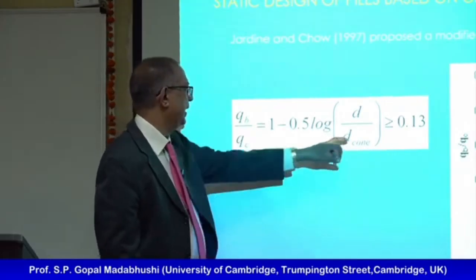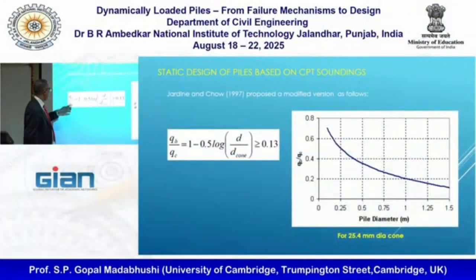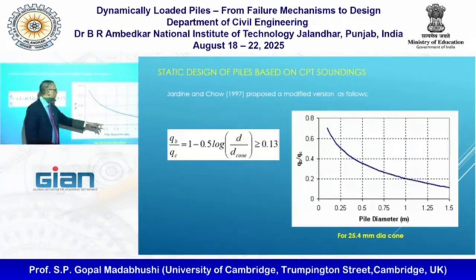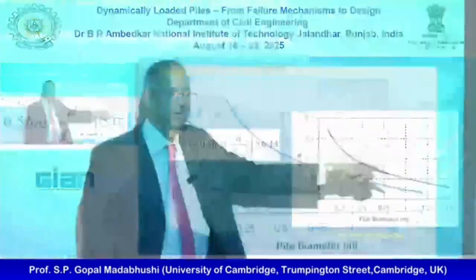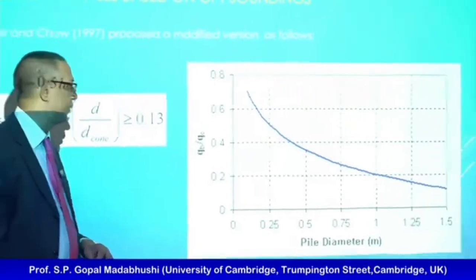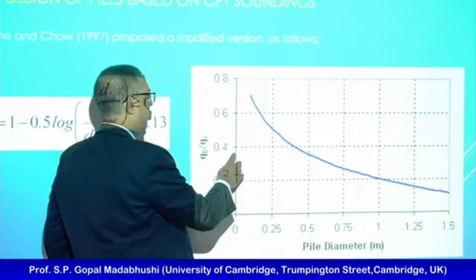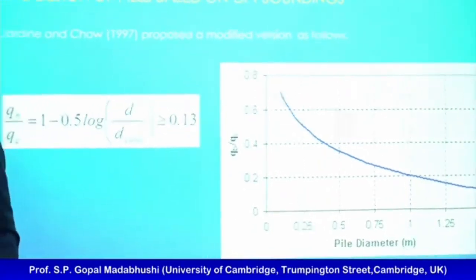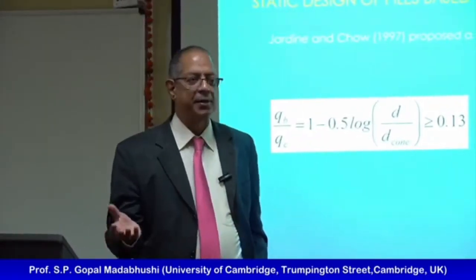And this would be greater than or equal to 0.13 is the equation. So if you plot this for different pile diameters between 0 and 1.5, you can see this will tend to about 0.13, as I said. If it is any lower than 0.13, you make it 0.13. But say for a 0.5 meter diameter pile, I would get QB over QC of something like 0.38 or 0.35. Easy. So I only need to know QC, then I can work out my base capacity.